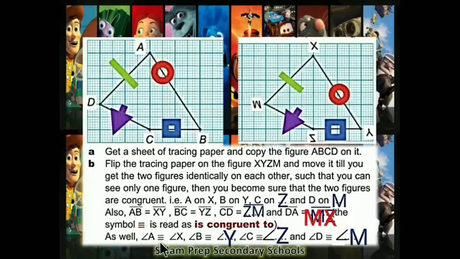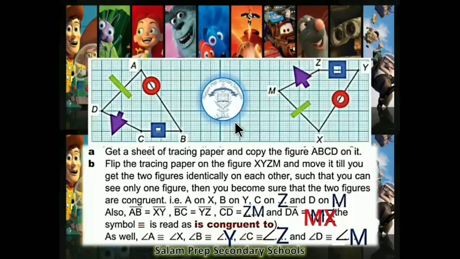Angle A is congruent to angle X. Angle B is congruent to angle Y. Angle C is congruent to angle Z. Angle D is congruent to angle M. So, these two shapes are congruent.